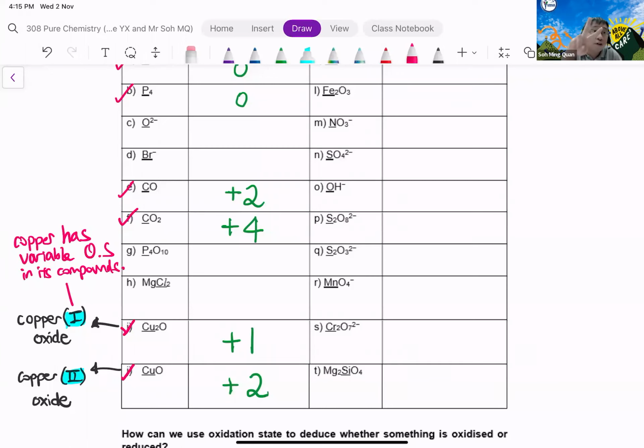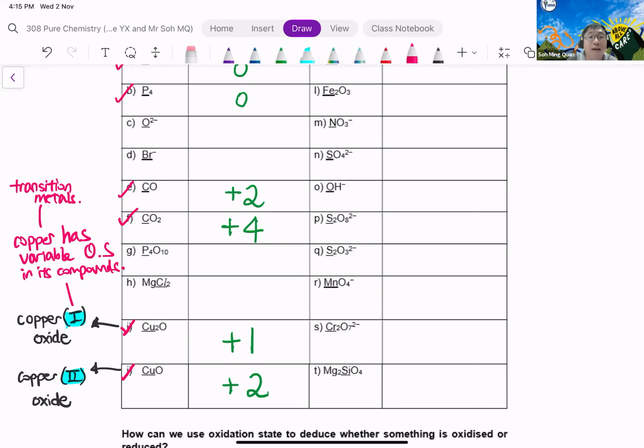There are two different oxides with different oxidation states of copper. This is a property of transition metals. The metals in the center of the periodic table display this property where they form variable oxidation states in their compounds.